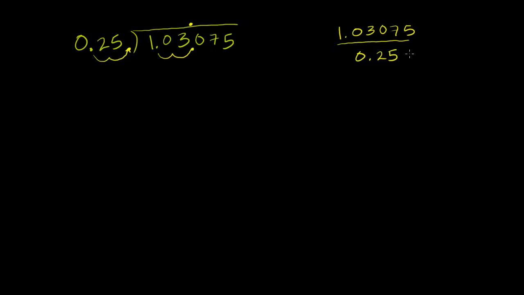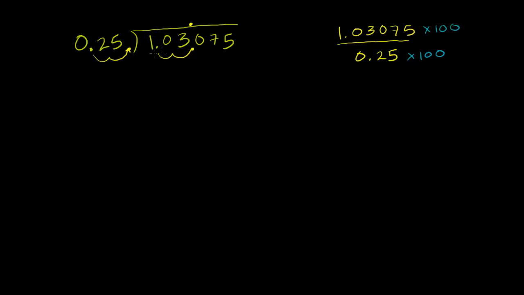We're essentially multiplying it by 100 in the denominator. This is the divisor. So we also have to do the same thing to the numerator if we don't want to change the number. So we also have to multiply that by 100. And when you do that, this becomes 25, and this becomes 103.075.